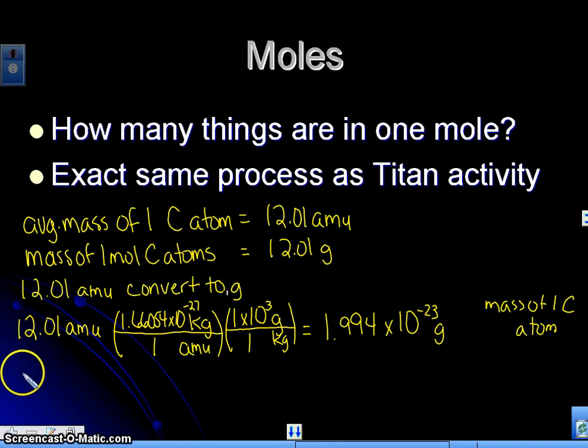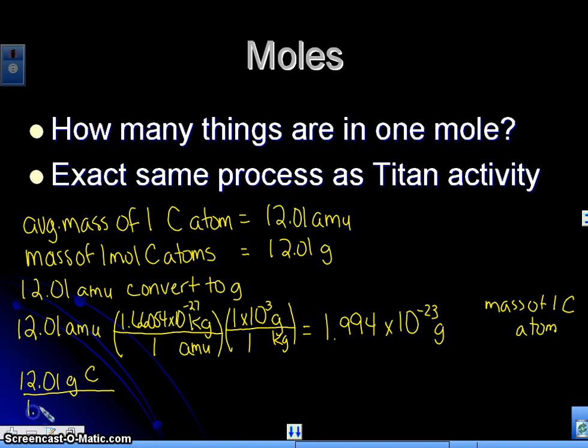So if we take the mass of 1 mole and divide by the number of grams in each atom, that should tell us how many atoms are in 1 mole of carbon.